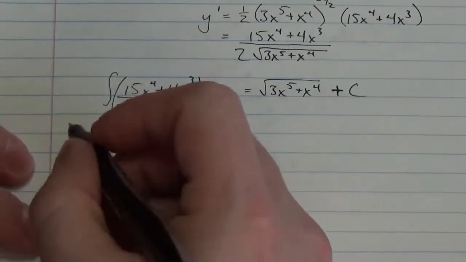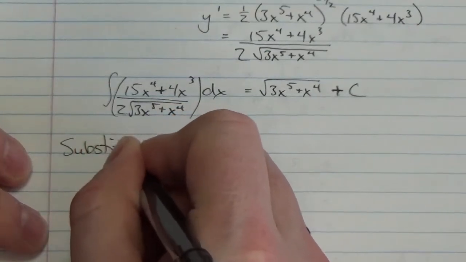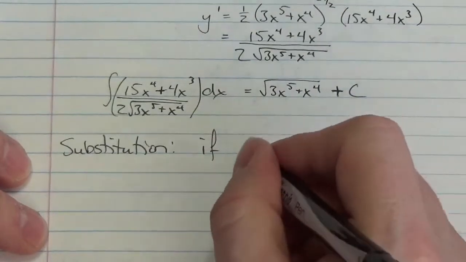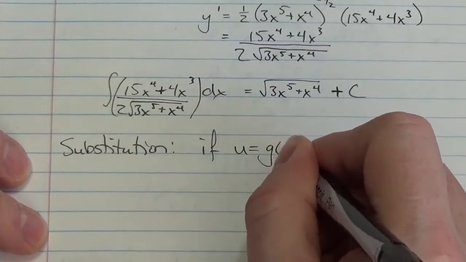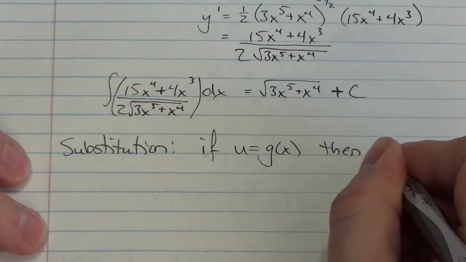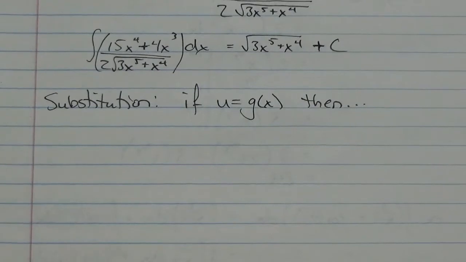So here's the substitution rule. If u is equal to some function of x, then, and here we go, this is going to get a little messy for a moment, so bear with me, but I'm going to explain it.